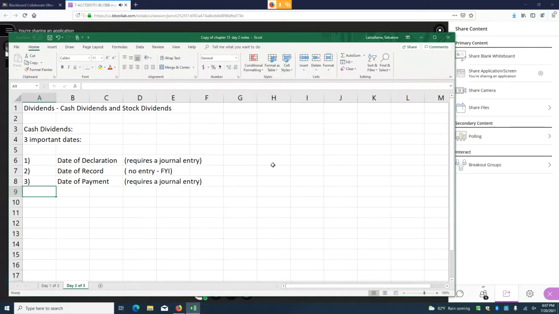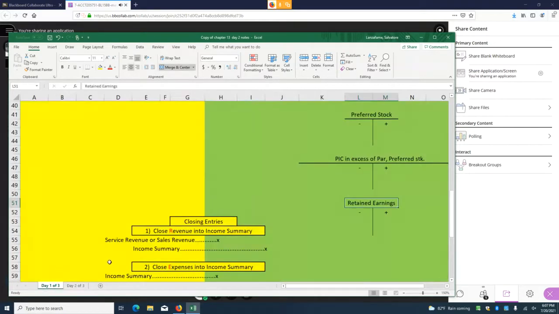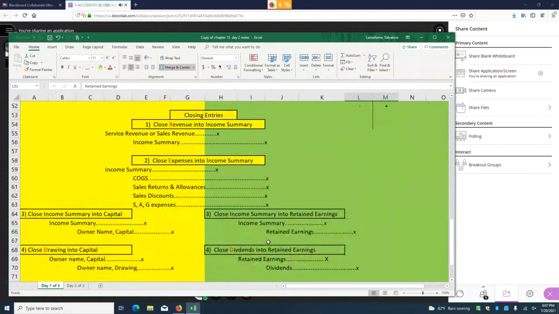The date of declaration journal entry, there are two different versions. Okay? The first version is if the company created a dividends account. And it kind of depends. It's kind of hard to explain here, but let me go back to the closing entries for a moment.